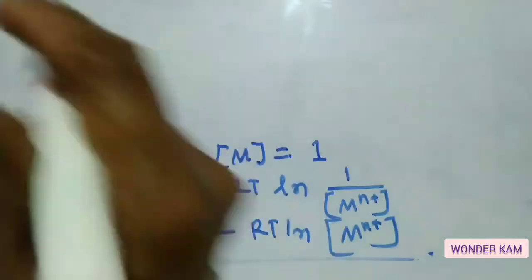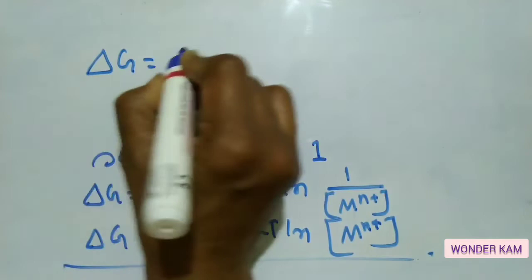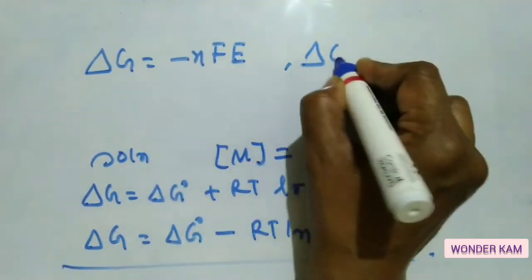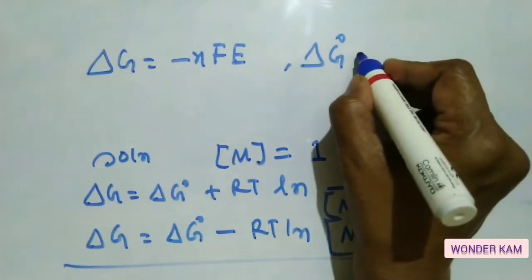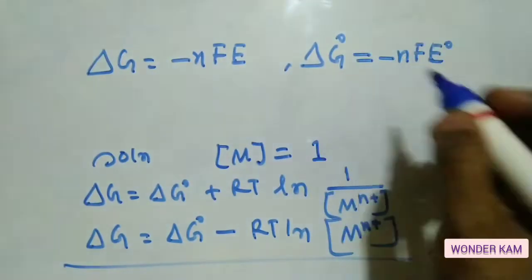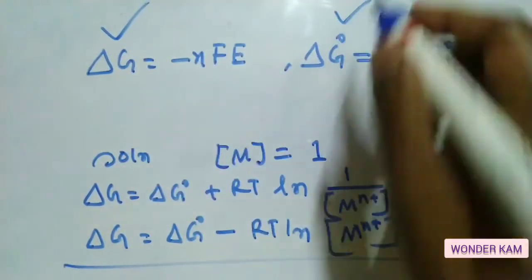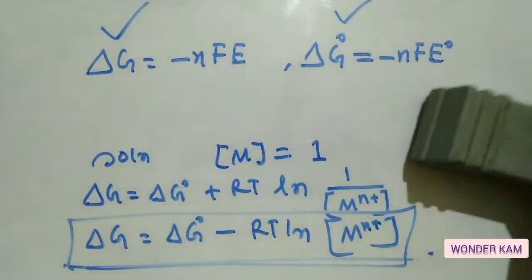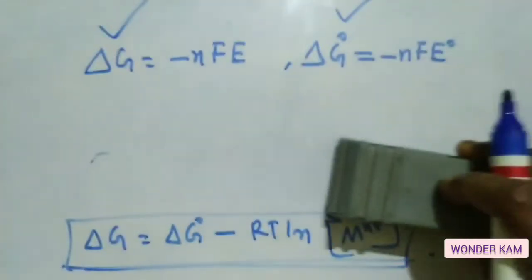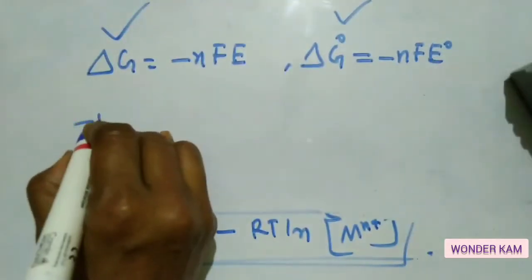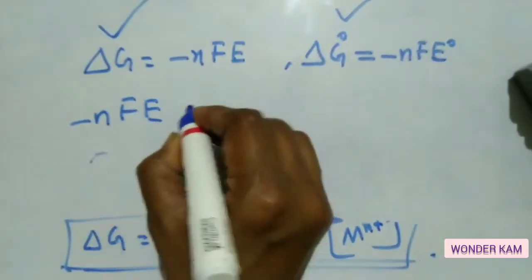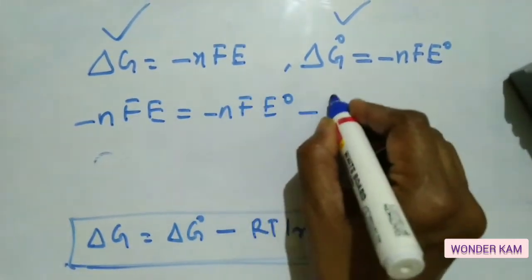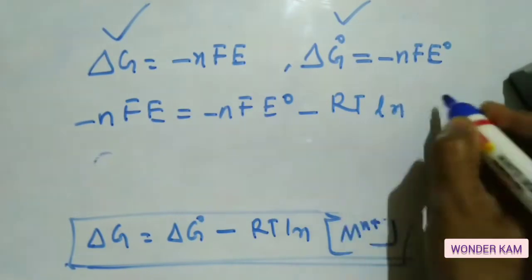We know that ΔG = −nFE. Similarly, ΔG° = −nFE°. Now substituting the values of ΔG and ΔG° in this equation, we have −nFE = −nFE° − RT ln [M^n+].